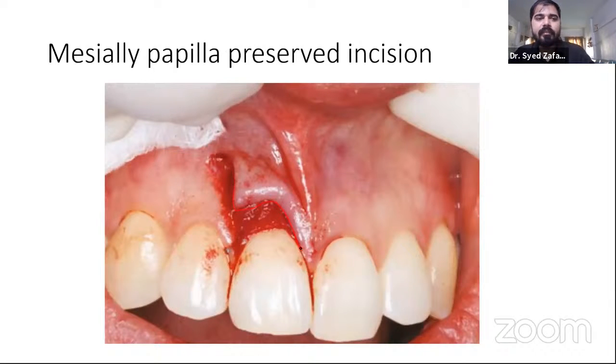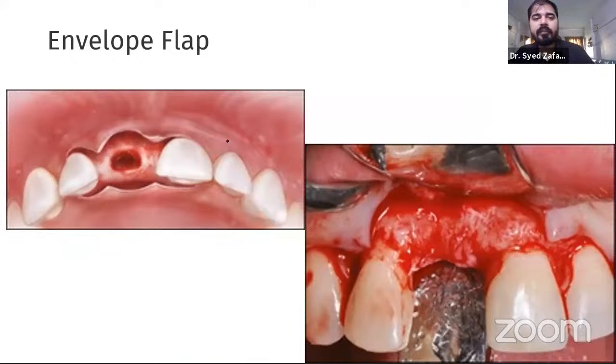If one papilla is preserved, then it's a mid papilla preserved incision. As you already know, we try not to give any vertical incision, but sometimes if needed, only one vertical incision is recommended, but in some cases, not on all cases.